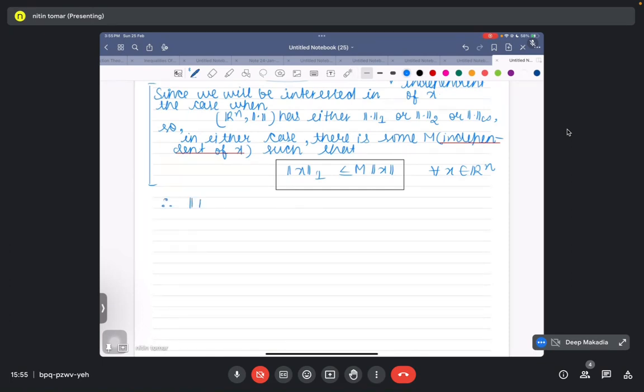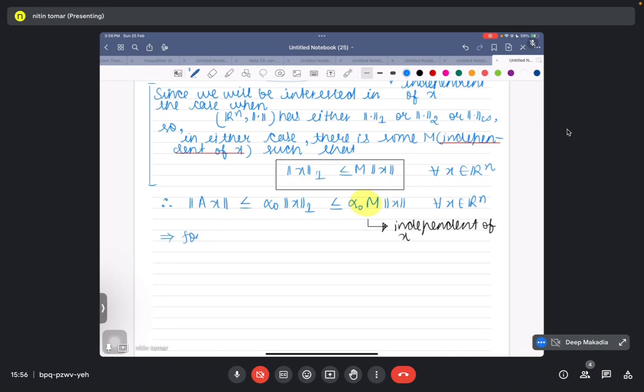So therefore norm Ax, which I have proved to be less than or equal to alpha naught times norm x1, can be further bounded by alpha naught times norm x for all x in Rn. And this bound is actually independent of x. Am I correct? Why this is important, we will see.